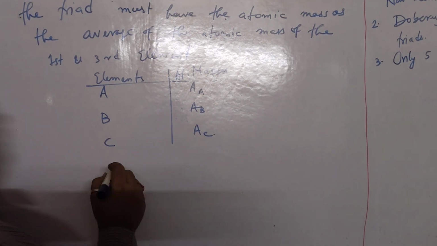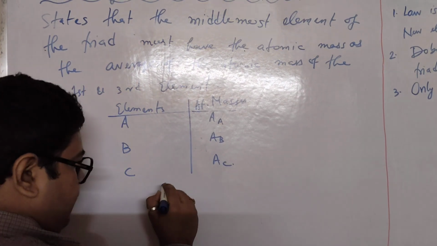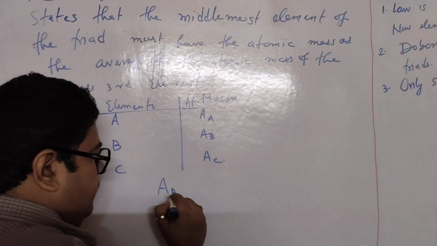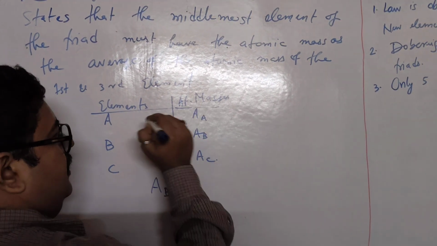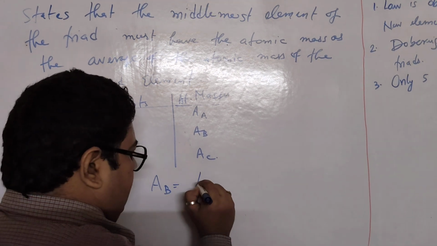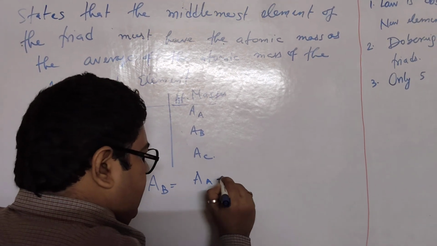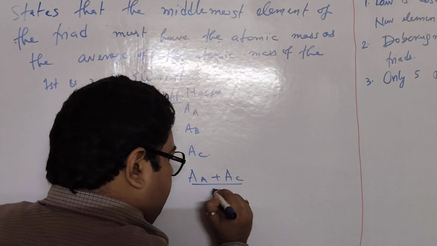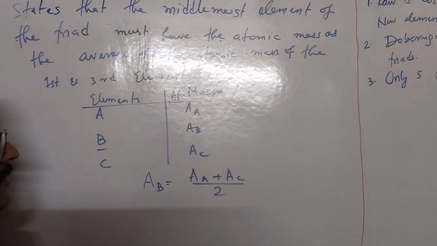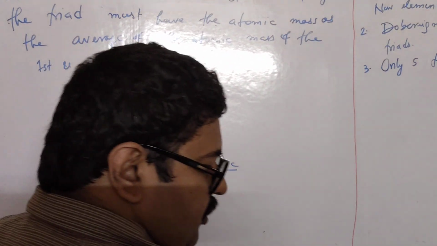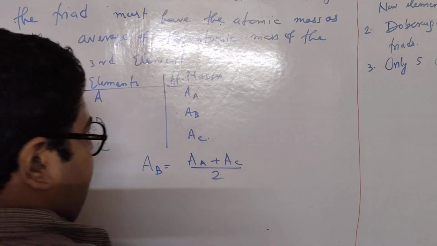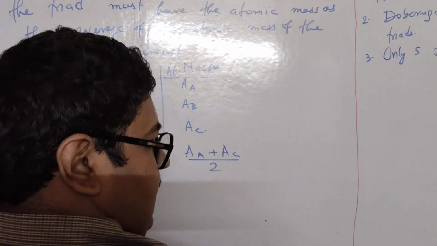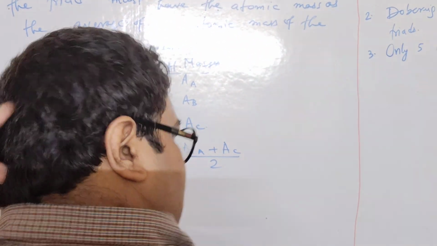So according to Döbereiner's law of triads, AB, the atomic mass of this element, should be the summation of AA plus AC by 2. This is the law given. Now this law finds its application very much true in some cases and not in most of the cases.